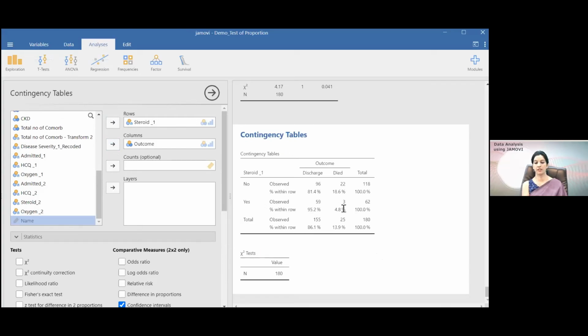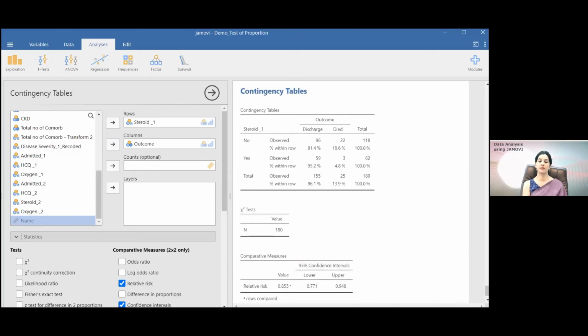And again, you can see the status. So you can say the people who were taking steroid, death was only 4.8%, whereas the people who were not taking steroids, it was 18.6%. And I have now clicked that relative risk.